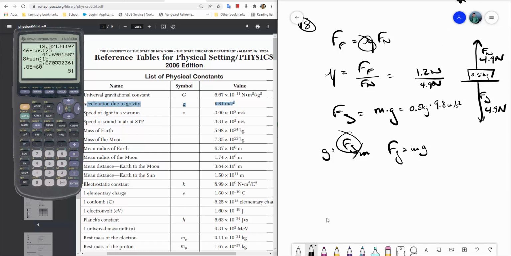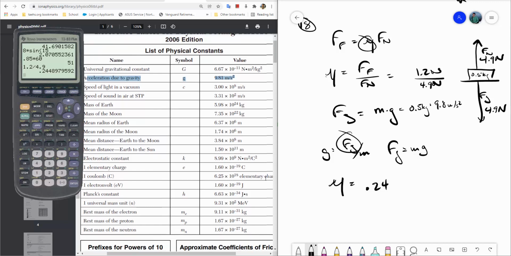And that gives you a coefficient of friction of 1.2 divided by 4.9, 0.24489. So mu is equal to, oh sorry, I read that incorrectly, 0.24. That's it. No units for a coefficient of friction.